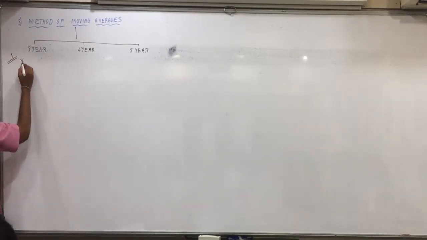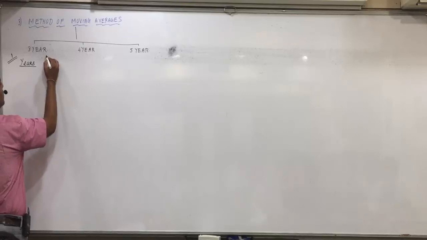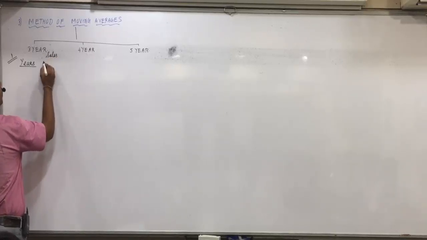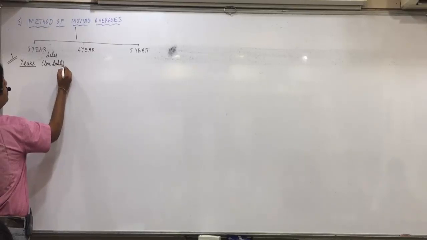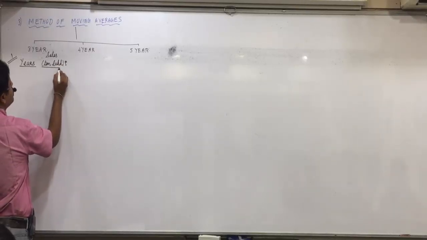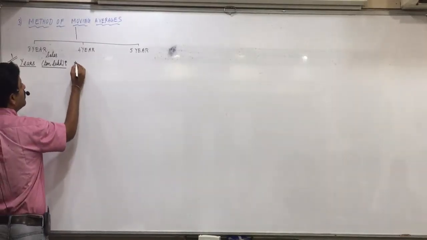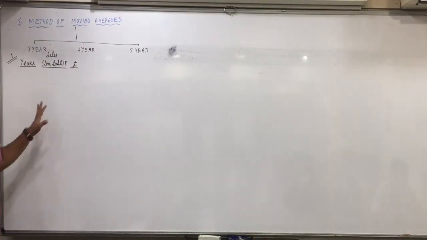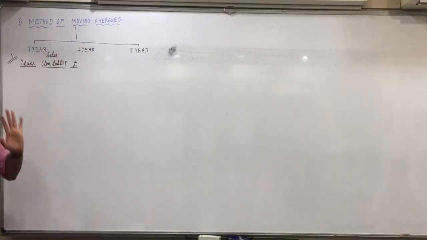First column will be years. Second column will be sales in bracket 10 lakh rupees. Third column will always be T, time period, which we directly write 1, 2, 3, 4, and so on.